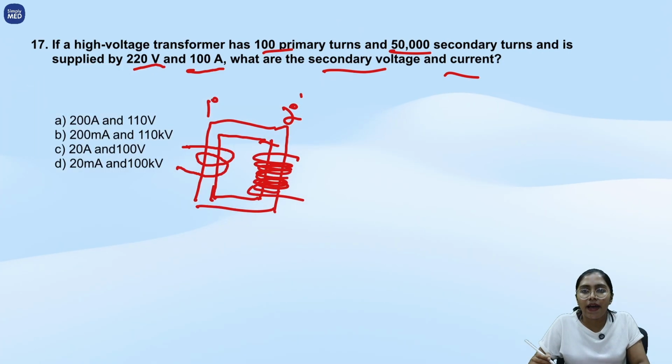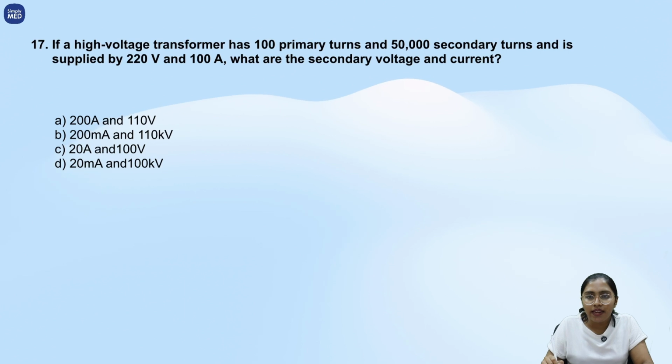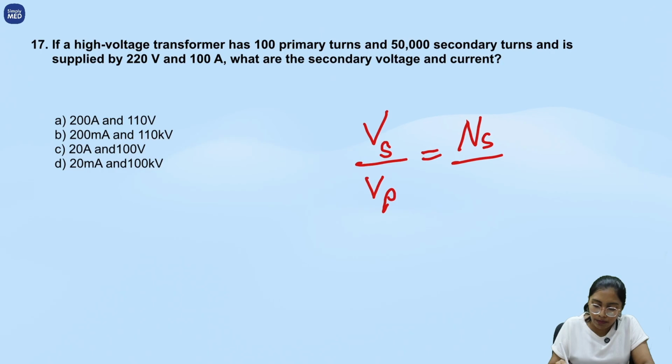So for this we have the equation Vs by Vp equal to Ns by Np. That is to find out the voltage, and to find out current we have Ns by Np equal to, just inverse it, Ip by Is. Okay. So now let's substitute the values and find out the voltage and current in secondary. So the equation is Vs by Vp is equal to Ns by Np.